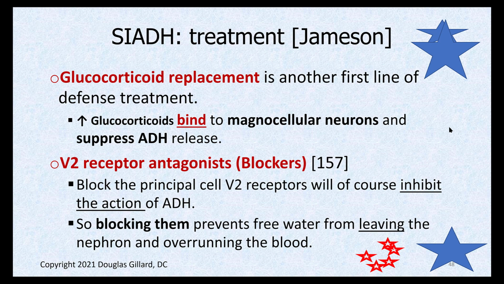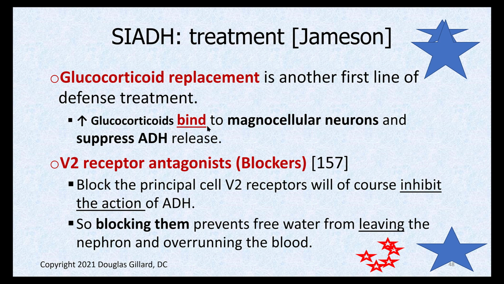Well, if you give them high levels of glucocorticoids, that's cortisol therapy, right? You're basically giving them cortisol. So the cortisol then will go bind to the magnocellular neurons and shut them down. Well, if they're shut down, they're not going to be over-releasing ADH as much, or maybe not at all. So that's a way to shut it down with glucocorticoids.